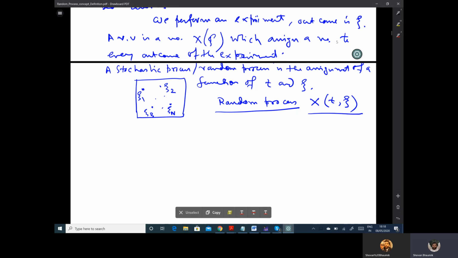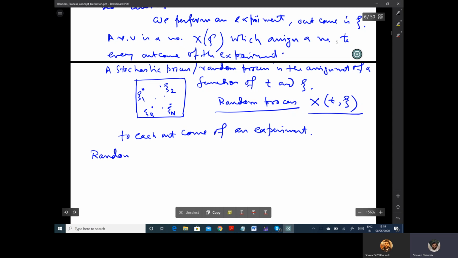A stochastic process or random process is the assignment of a function x(t, zeta) to each outcome of an experiment. So then what is a random process? Let's write it, this is important.